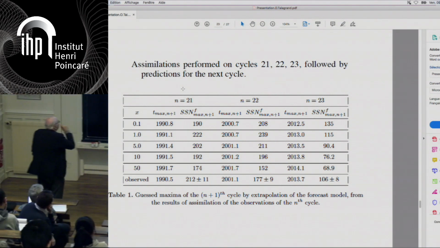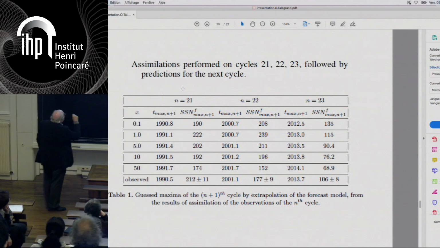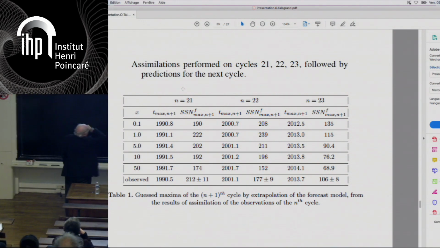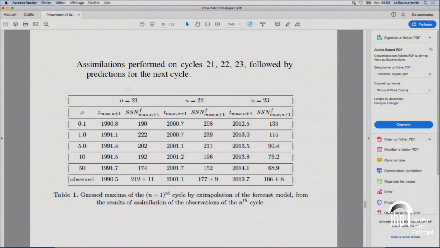Okay, so for instance, you see the observation on the last row, and you see that, for instance, the time of occurrence of the maximum observed, 1990, 2001, 2013. There was 10 years, 10 and a half years, and more than 12 years there. And this is reflected in the observation.